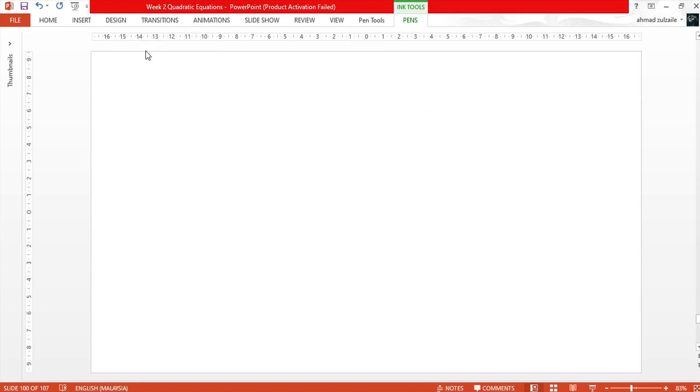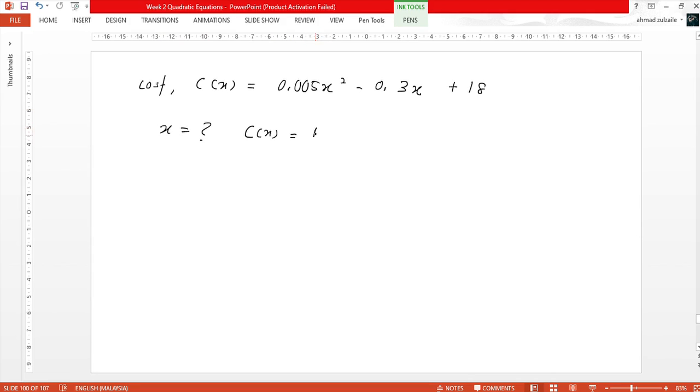Alright, so given the cost equation, C(x) equal to 0.005x squared minus 0.3x plus 18. So what is your x in order to get your cost of only $19? How many items x, the coolers, do we need to produce for the cost to be $19?